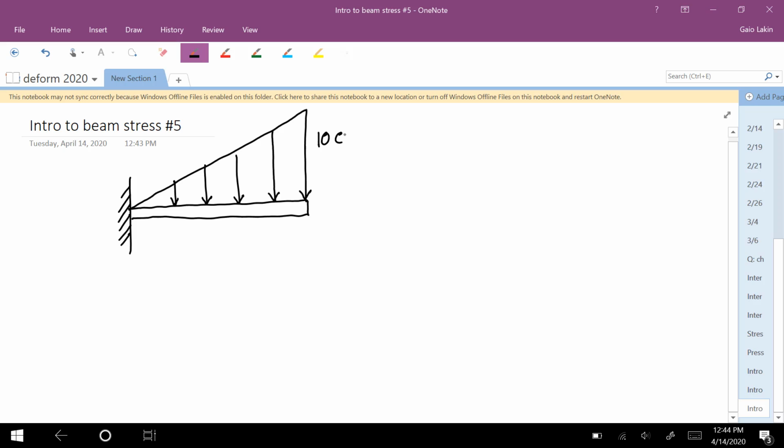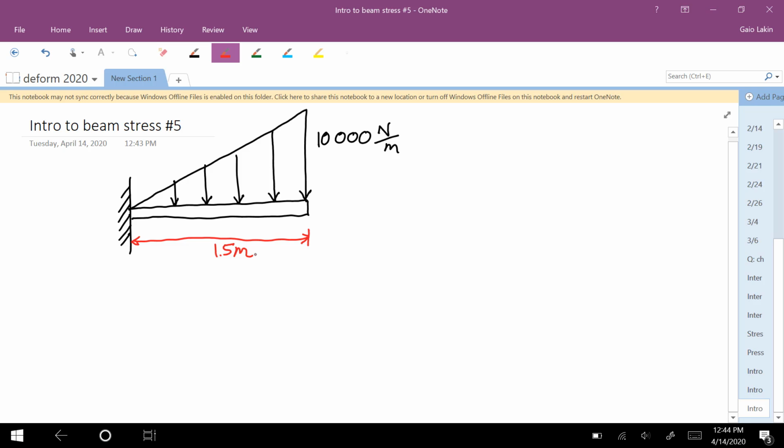The maximum value of the distributed load is 10,000 newtons per meter. The length of the beam is 1.5 meters. And we're neglecting the weight.